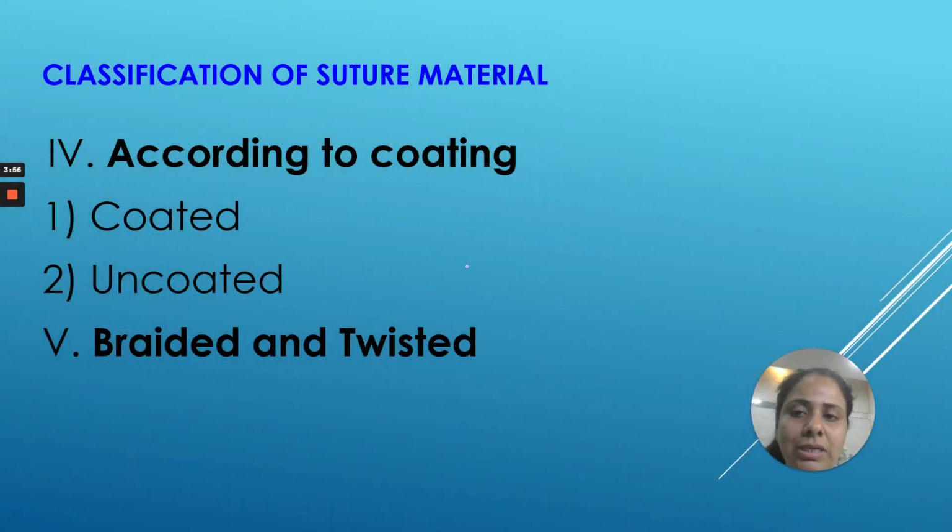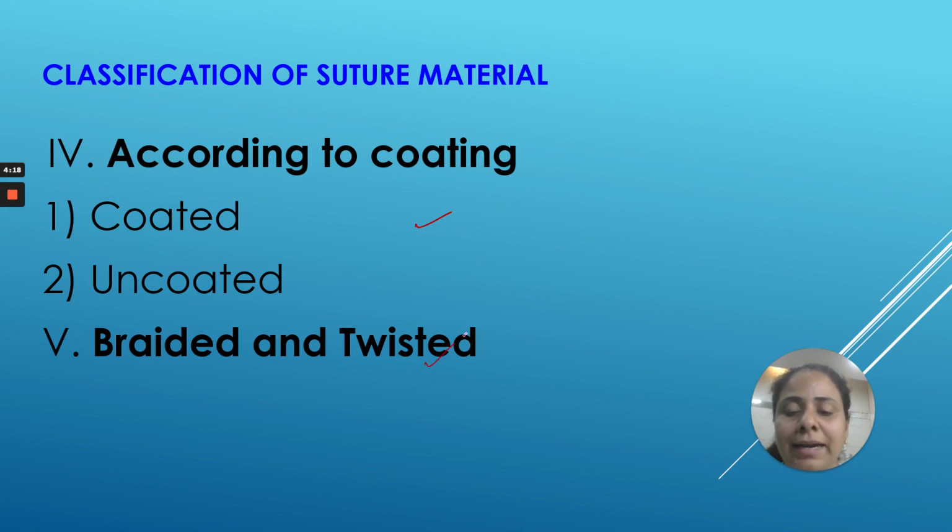The other classification is coated and uncoated. I'll show you different suture materials in the upcoming presentation, which are coated and which are non-coated. Coated materials, for example Vicryl, are coated with a different kind of antibacterial agent, so that it is more effective in the oral cavity.